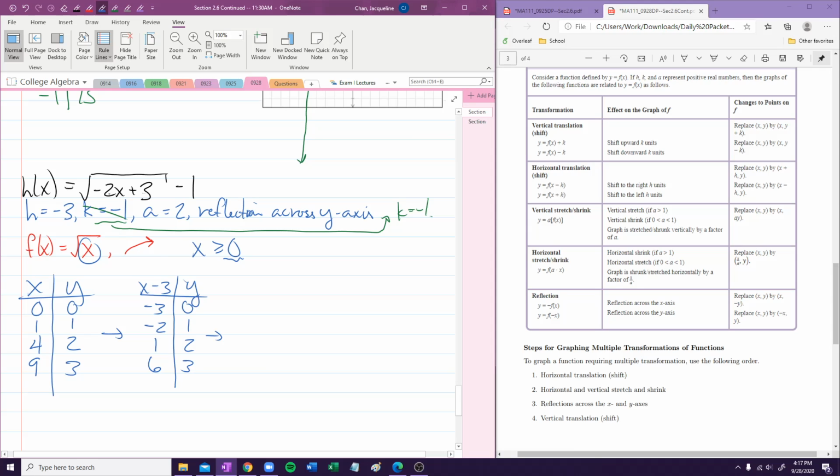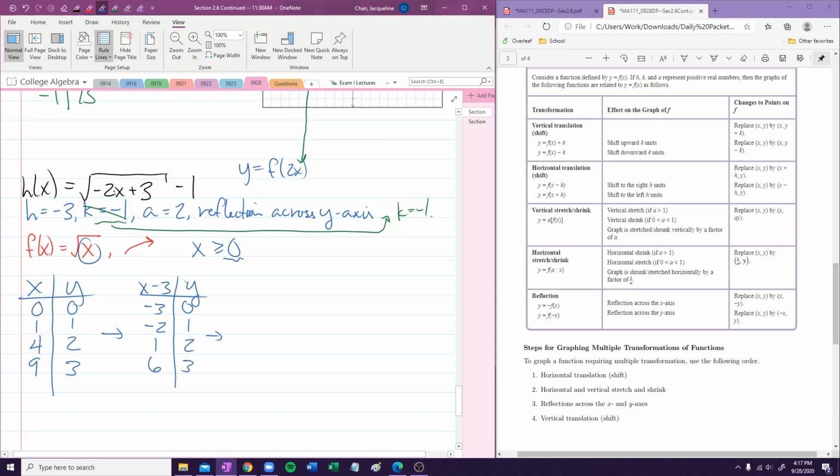As you can see, this 2 right here is attached to this x. So in this case, we have y is equal to f of 2x. So this is a horizontal. Another way to think about it: because it's attached to my x, it's affecting my x values. When I affect my x values, that means it's affecting the horizontal part of my graph.